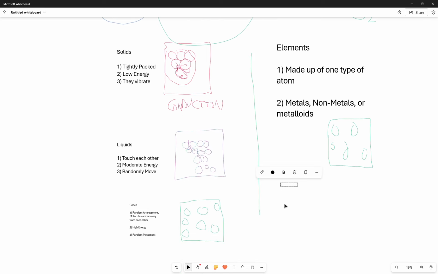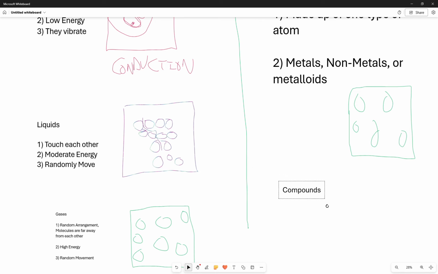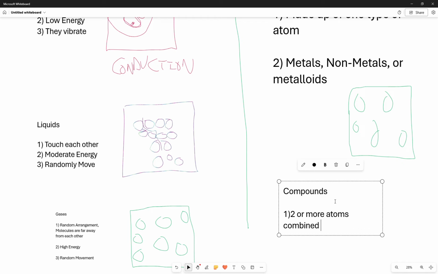Now I have compounds. Compounds are two or more atoms combined. Just remember this: chemically. This is really important.